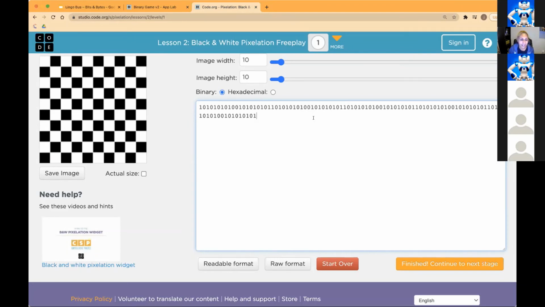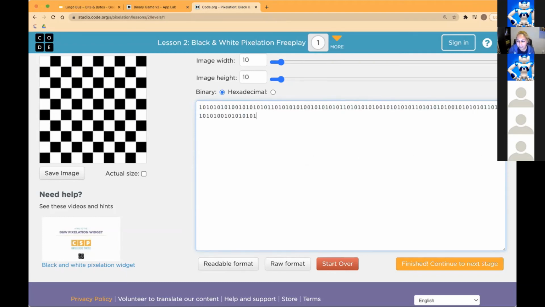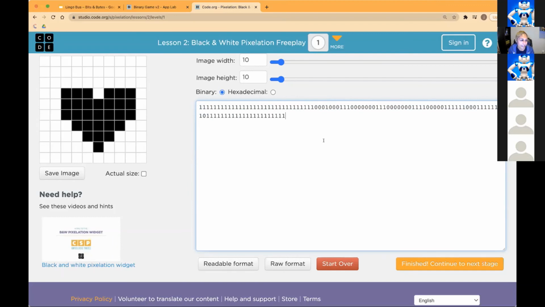Amy, let's see yours. You made a smiley face with, is it hair or hat? Very nice. Let's see this one. Another checkerboard, very nice. Let's try this one. Oh, nice. Arush made a heart. Very cool.